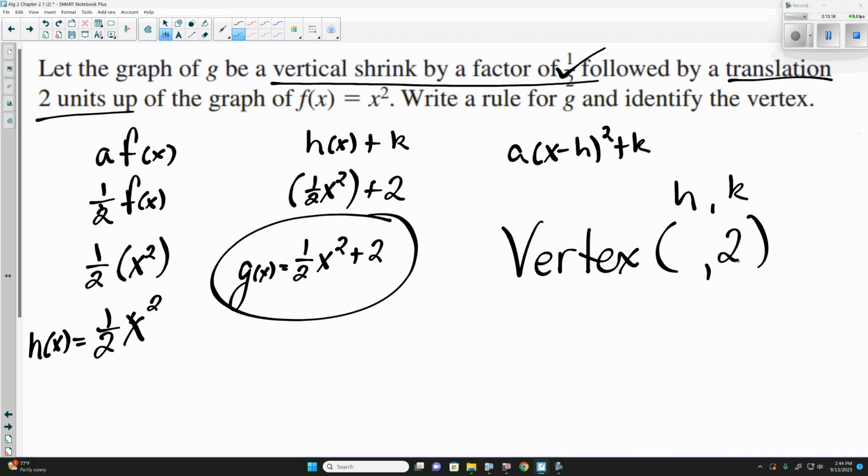What would the h value be? 0. We don't have one again. It didn't move it left or right. But that's it. Questions on this here? h is this value here. It's our horizontal, our left-right translation.